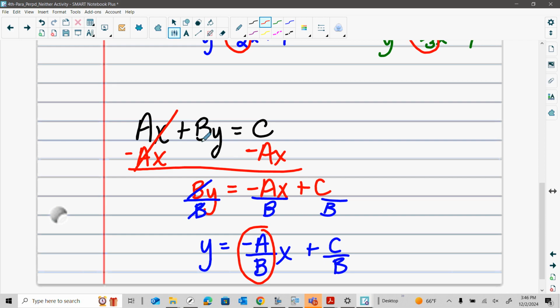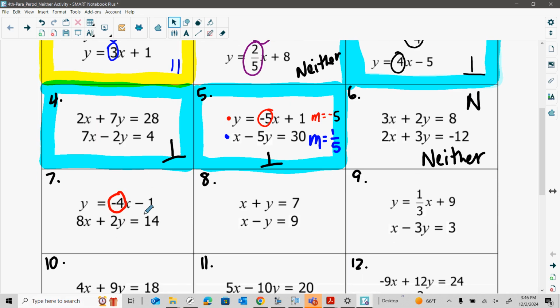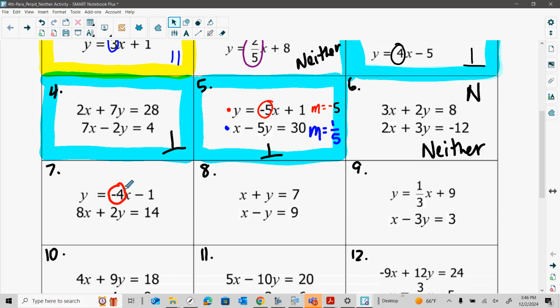I say that because on number 7 here, go back. See, we got the slope for the first one, and this is in standard form, which is ax plus by equals c.